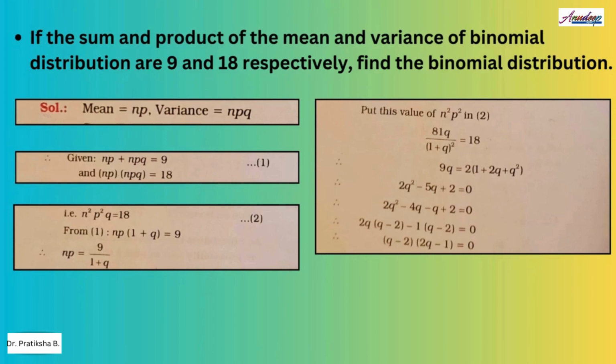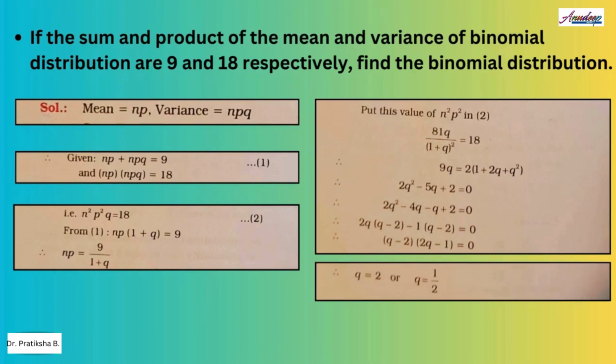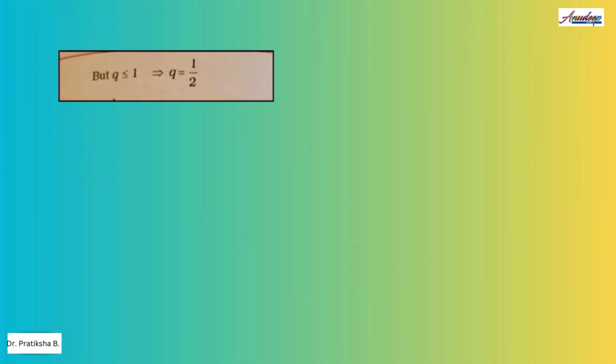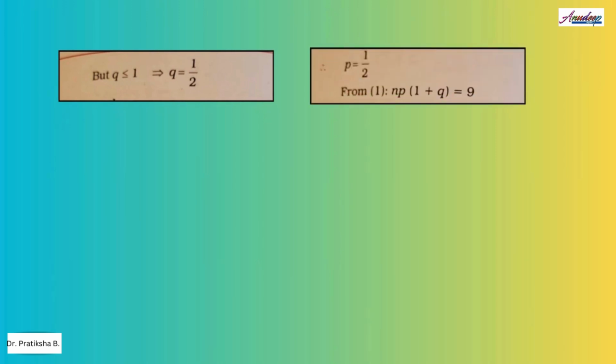And by cross multiplying and simplifying the quadratic, we get the value of q as 2 and q equal to 1 by 2. As we know that probability can never exceed 1, so q will take the value 1 by 2 here, and we can evaluate the value of p by taking 1 minus q, that is half.